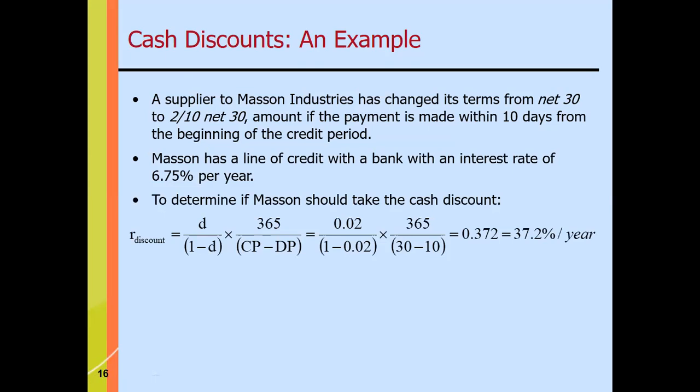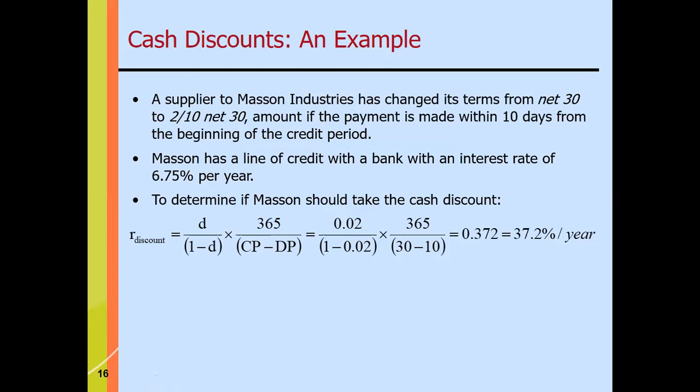So this would be our formula: the discount rate is equal to D over 1 minus D, times 365 over the quantity CP minus DP, in which we corrected the formula a while ago, and substitute our respective rates. So that's 0.02 over 1 minus 0.02 times 365 over 30 minus 10.